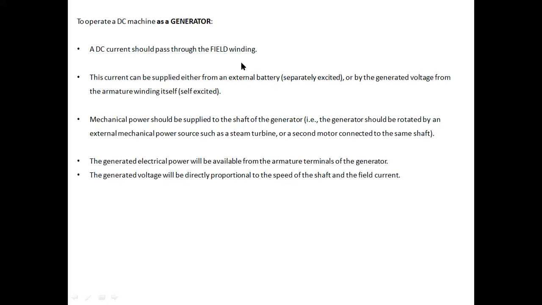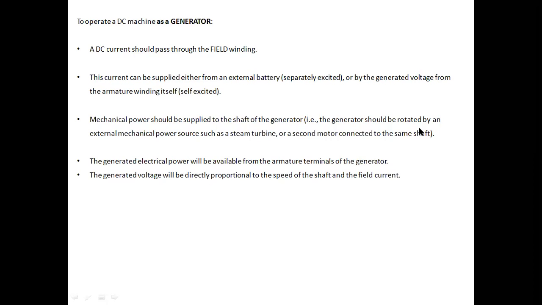At that time, mechanical power will be supplied to the shaft of the generator and it will start to rotate by external mechanical power such as a steam turbine or a second motor that we can connect to the same shaft, because here we are connecting these parts to the rotor.